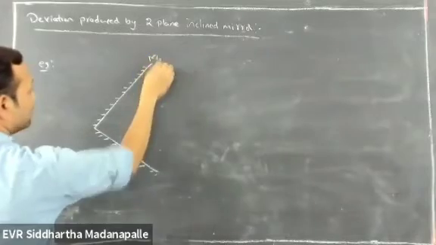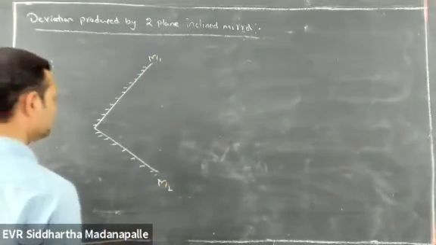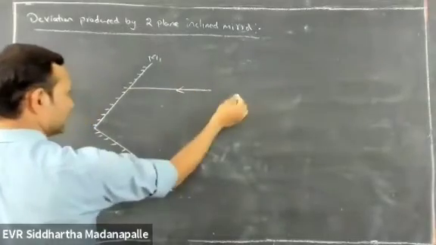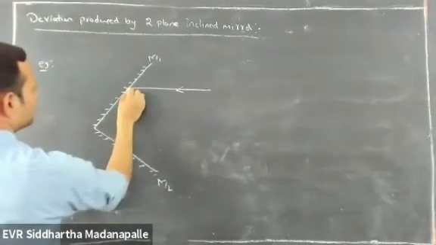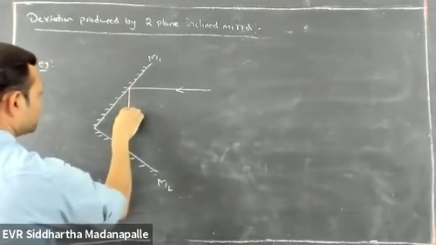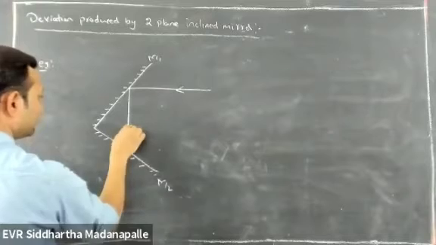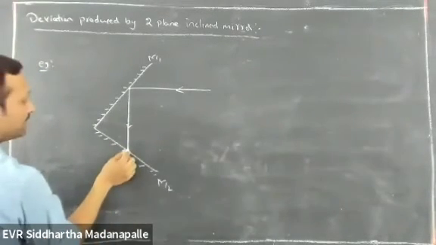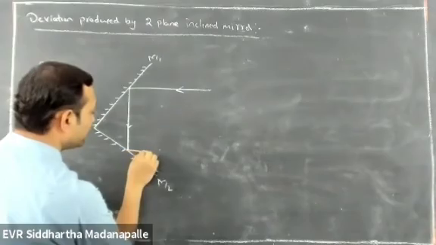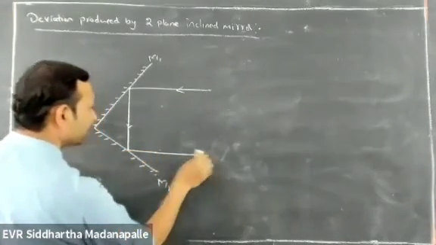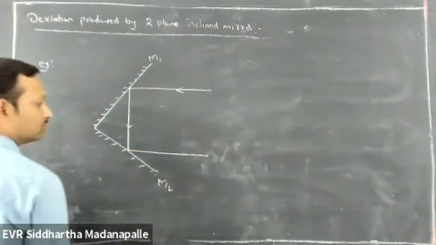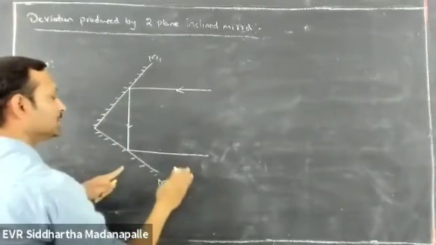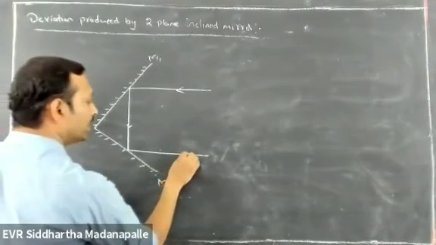This is the M1 mirror and this is the M2 mirror. The incident ray came in this direction, right? After reflection, it is again incident on the second mirror. After it is incident on the second mirror, the final ray that emerges, the emergent ray, leaves this system, so I am calling it the emergent ray.